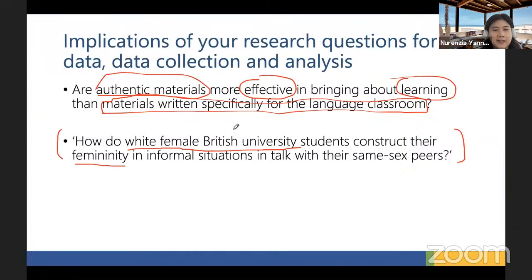Kemudian konsep teori yang harus dilihat itu adalah femininity, kemudian informal situations talk atau conversations mungkin ya, with the same sex peers, berarti kan sama ya, tetap white female British University students. Jadi kelompok respondennya cukup white female British University students, kemudian konsep teorinya adalah femininity dan juga informal conversations gitu.